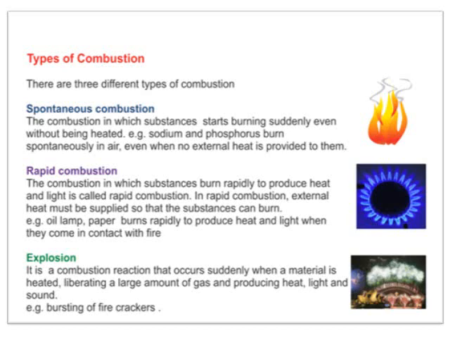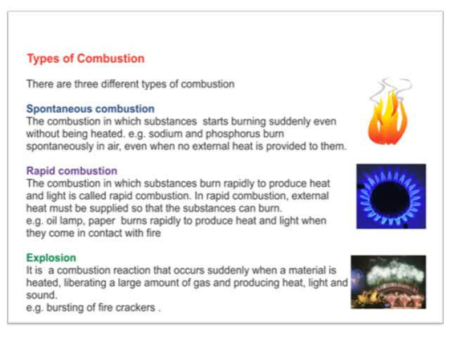Rapid combustion: the combustion in which substances burn rapidly to produce heat and light is called rapid combustion. In rapid combustion, external heat must be supplied so that the substances can burn. Example, an oil lamp; paper burns rapidly to produce heat and light when it comes in contact with fire.